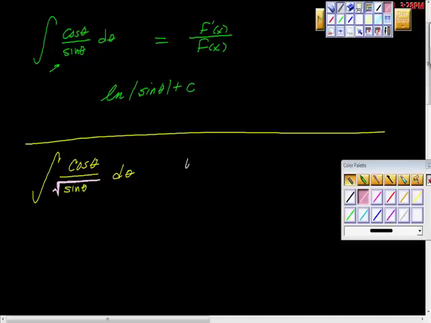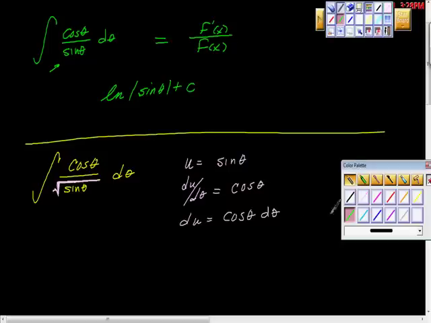Here we're going to use u substitution and say let u equal sine of theta. So then du d theta will equal cosine theta. Du is equal to cosine theta d theta. I'm going to divide both sides by this because what we like to do is have a replacement value here.